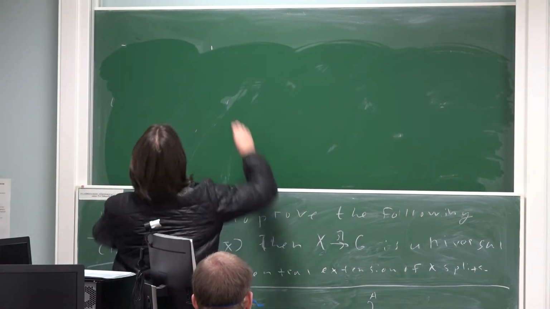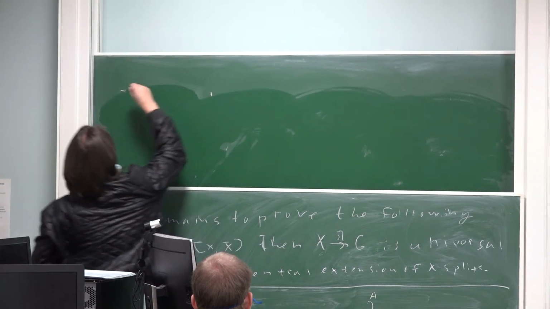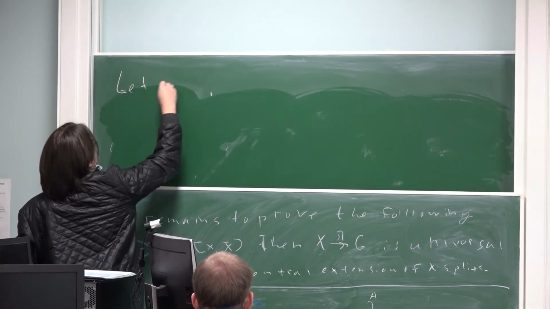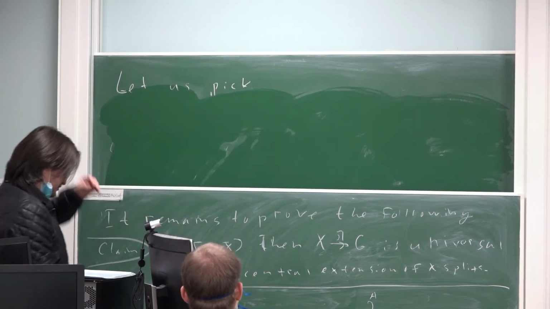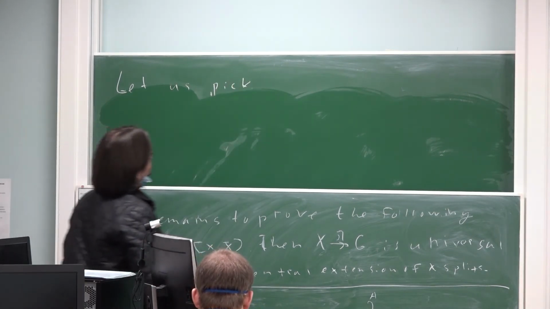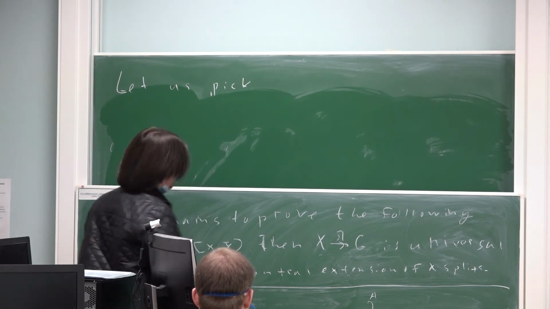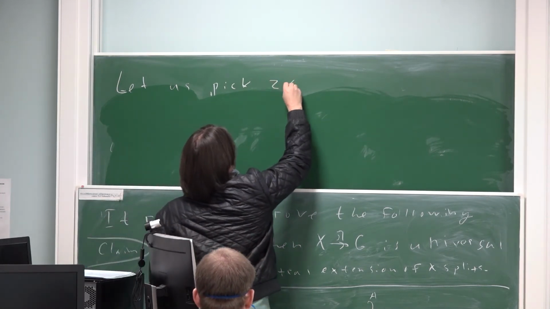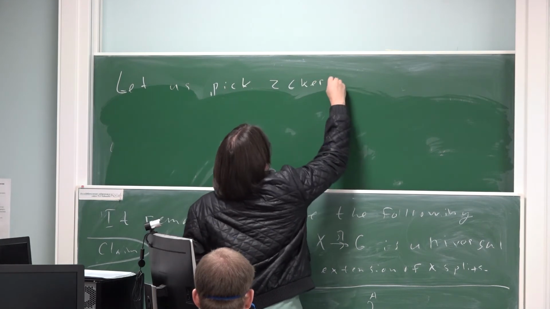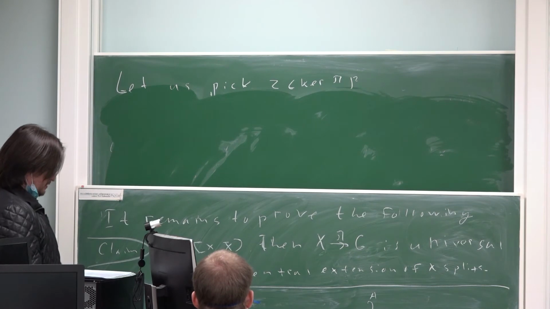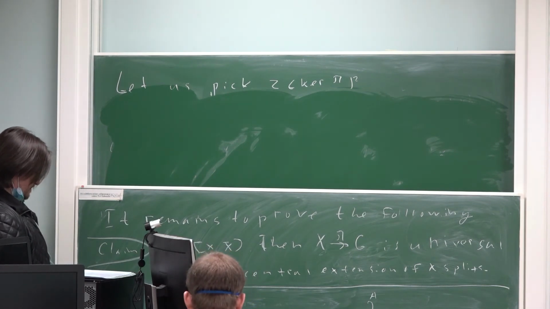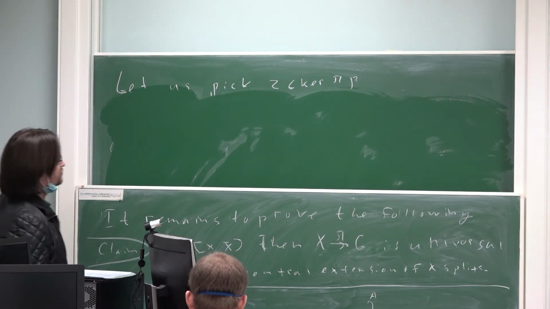So let us pick some element in the kernel of πρ. Let it be z. And we want to know if it commutes with everything or not.